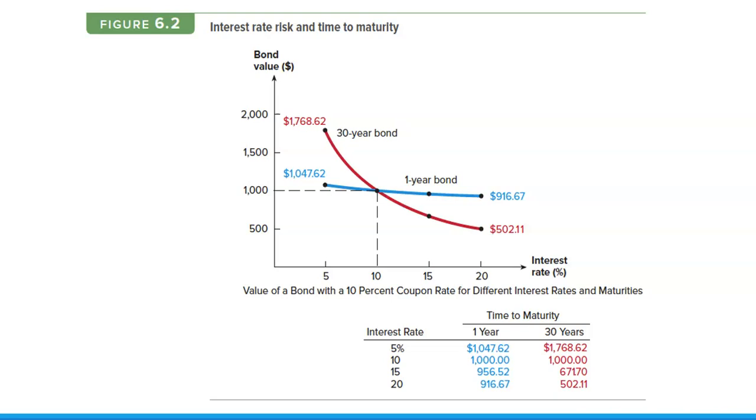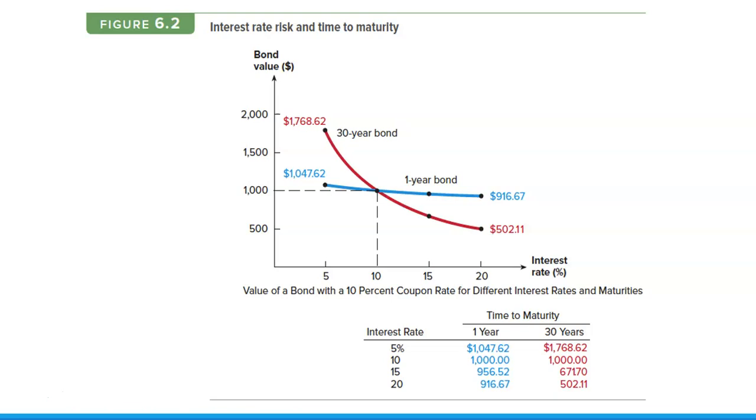So the value of a bond with a 10% coupon rate, 4 different interest rates and maturities. You can see if we only have 1 year to maturity and the yield to maturity is 5% versus if we have 30 years. Now remember, if the coupon rate and the yield to maturity are exactly the same, so if they're both 10%, then the par value and the bond value are exactly the same.